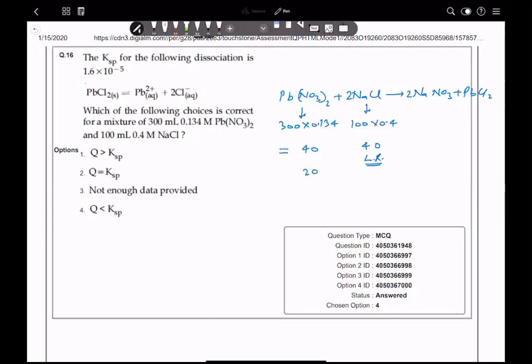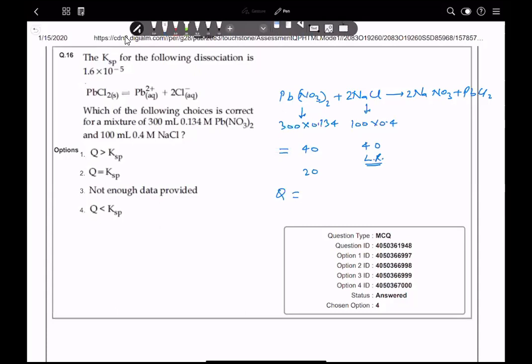So PbCl2 gets precipitated out. It simply means that Q must be greater than Ksp. That is, the concentration of Pb2+ into the Cl minus concentration squared is greater than the value of Ksp. It's better if we check it with the options.